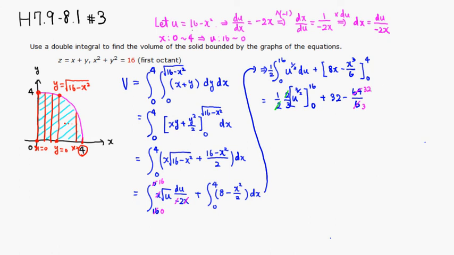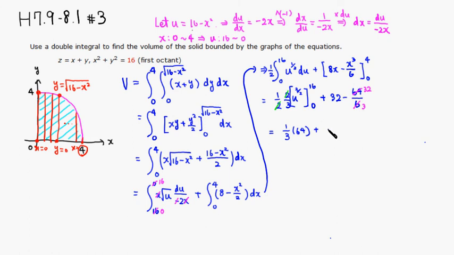Then you're going to get 1/3. And here, 16 to the 1/2 power is the square root of 16, which is 4, and cubed, that would be 64 again, plus 32 minus 32 over 3.